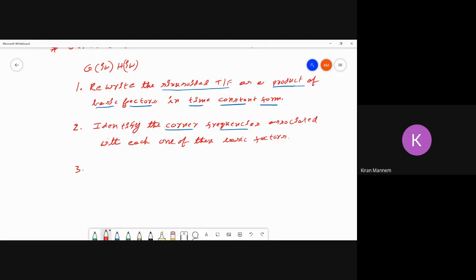For complex conjugate zero or pole, the slope changes by plus or minus 40 dB per decade. So here is the summary of the third point.